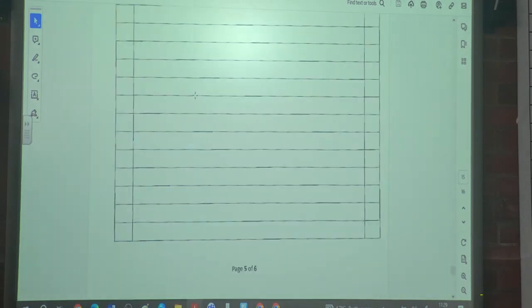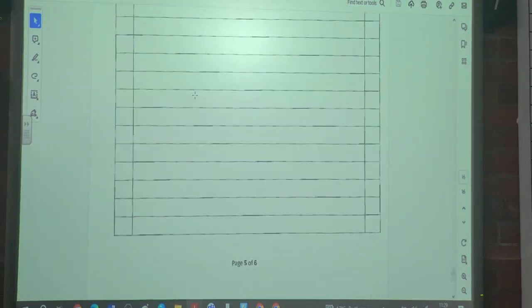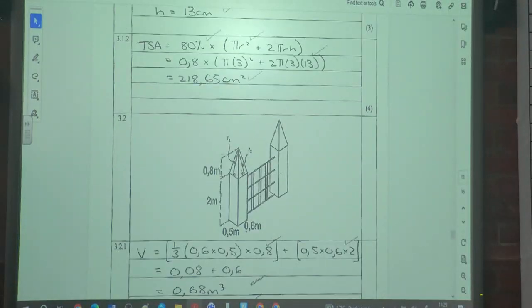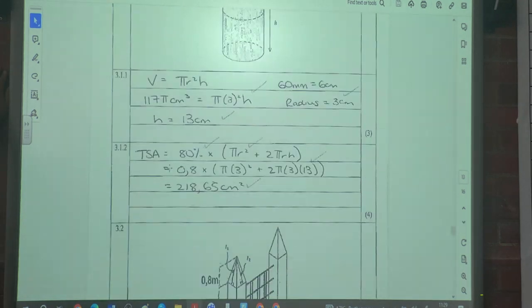No. 3.122. 80% of... that's not correct. Did I see this paper? No, this firstly is not my handwriting. So it's not me.